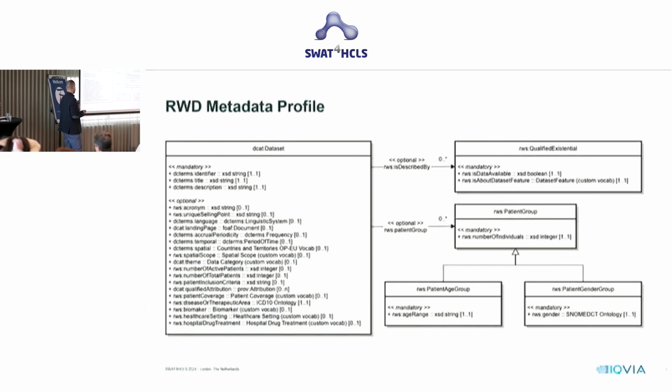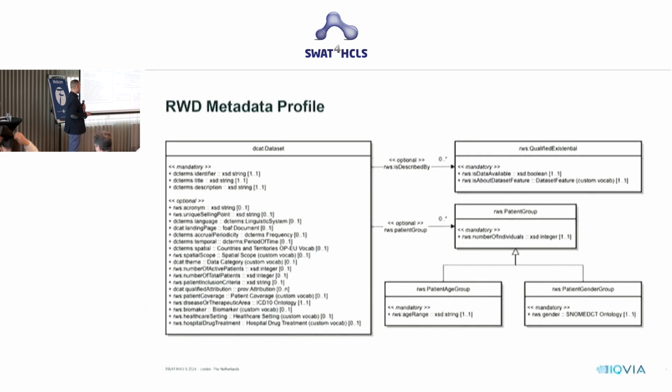We also added properties like disease or therapeutic area, biomarker or healthcare setting, again, to describe those features on a given data set. We also make mandatory some of the previously defined properties like identifier, title, and description.